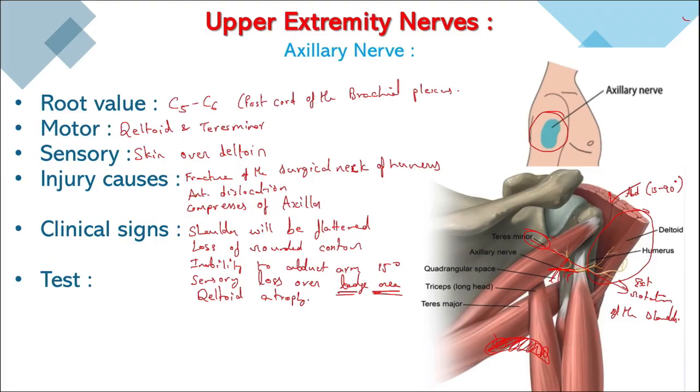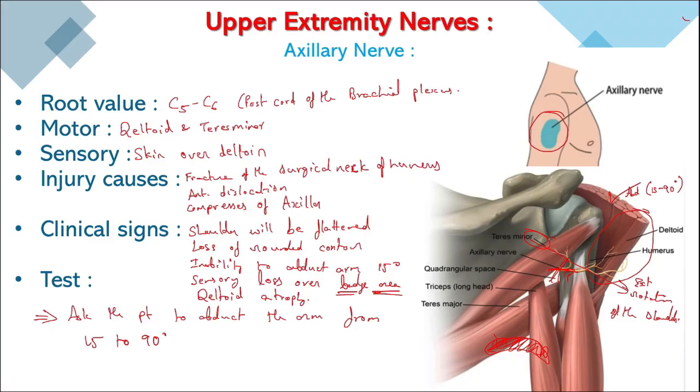In the special test, we ask the patient to abduct the arm from 15 to 90 degrees. Why?